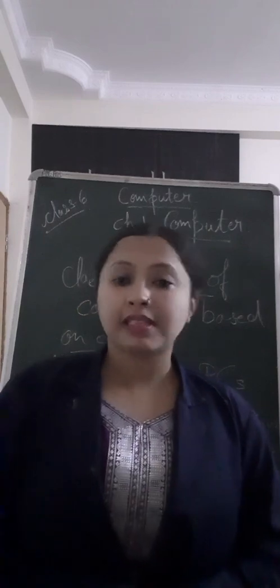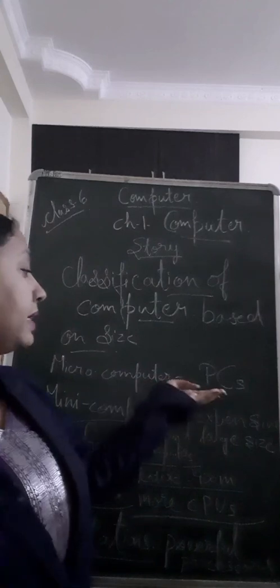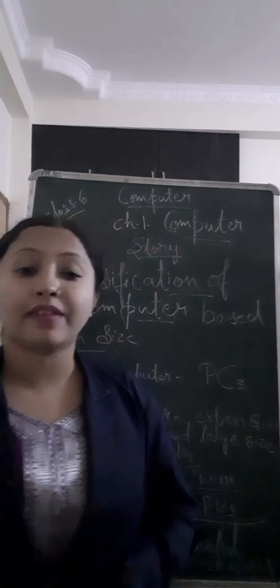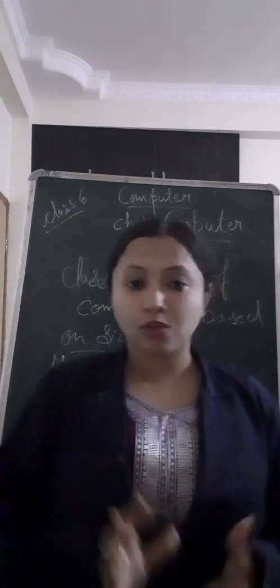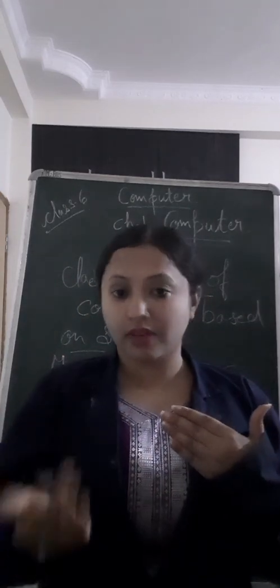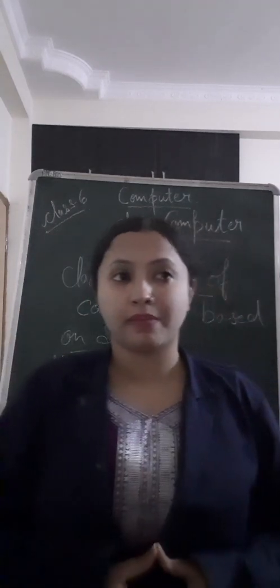Fine. Now next we have, children, workstations. Now what are workstations? Workstations are also like personal computers, like the simple PCs which we have in our home, in our school, or in our office. Workstations are also like PCs, but the processor in workstation computers is very powerful, because they are used for monitoring purposes, children.